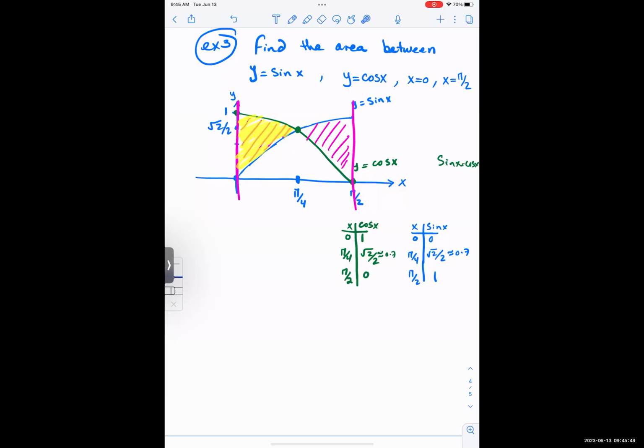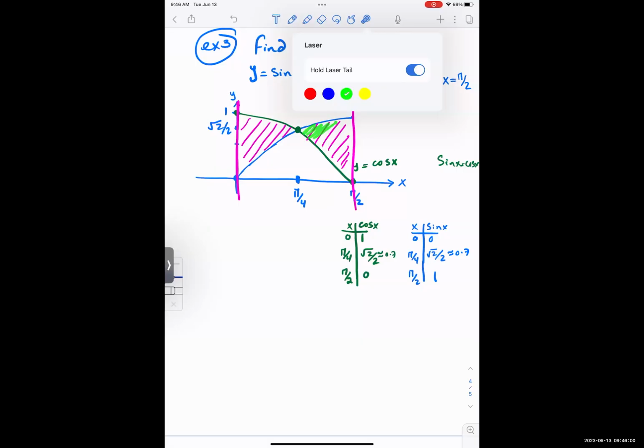The top function is cosine, and the bottom function is sine. So now let's go to the other part. What is the top function here? Yes, sine. And then what is the bottom function? Cosine. So you need to set up two different integrals for your calculation.